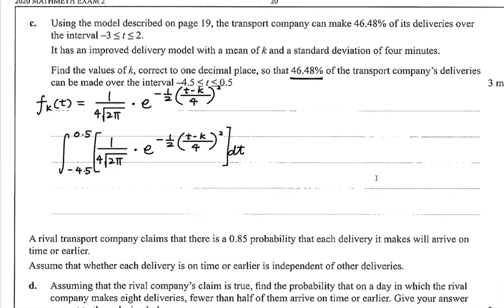If you integrate your probability density function, you get your probability. Actually, it should be more accurate than 0.4648 because you can use norm CDF to calculate the actual value.